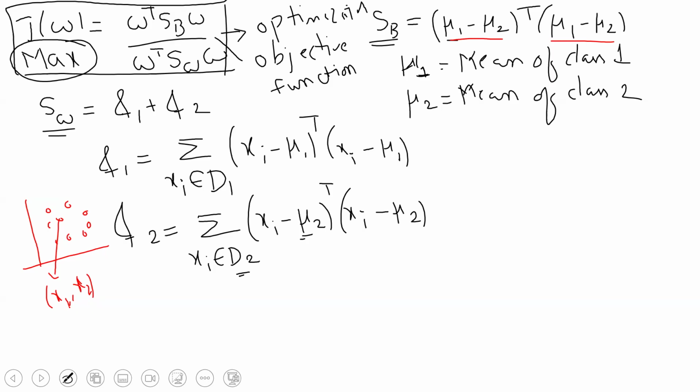How does a mean of two-dimensional data look? It will look like x1 comma x2, right? How about three-dimensional? x1 comma x2 comma x3.